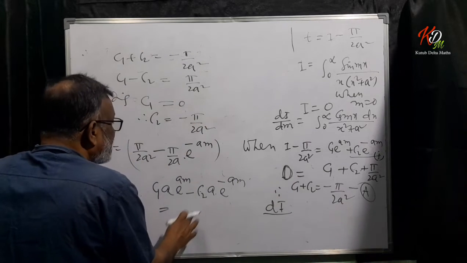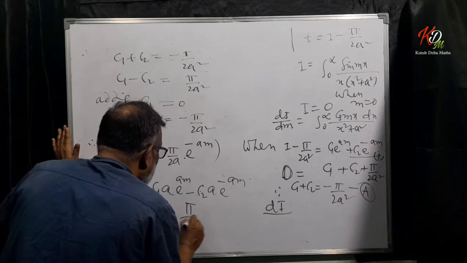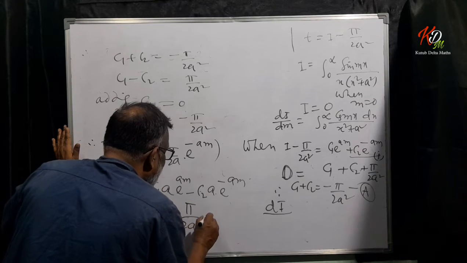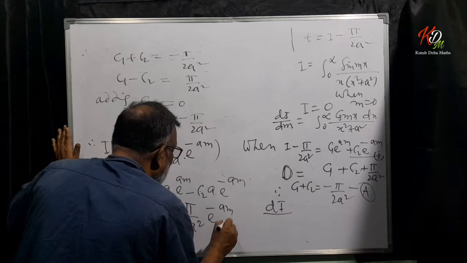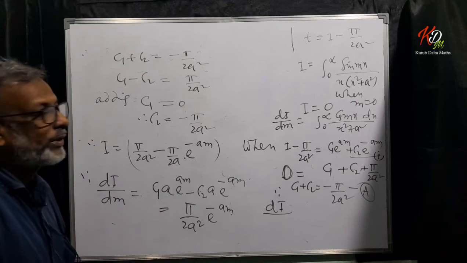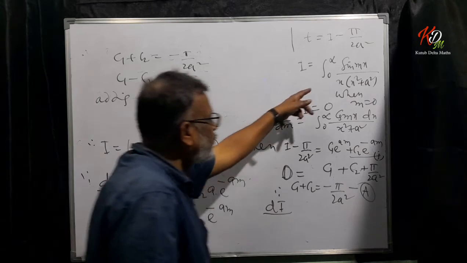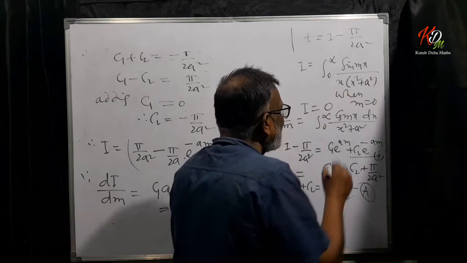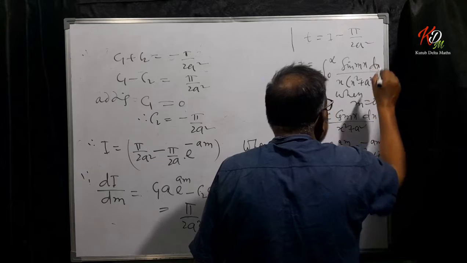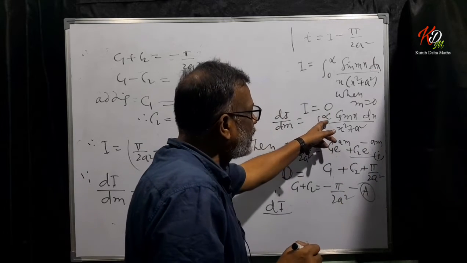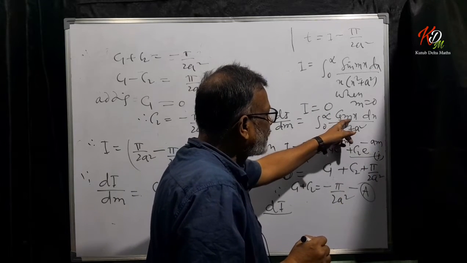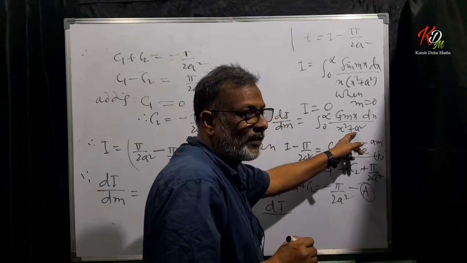That means putting the value of C2, pi by 2 square e to the power minus am. So finally the integration 0 to pi sin mx by x square plus a square dx, again integration 0 to infinity cos mx dx by x square plus a square.